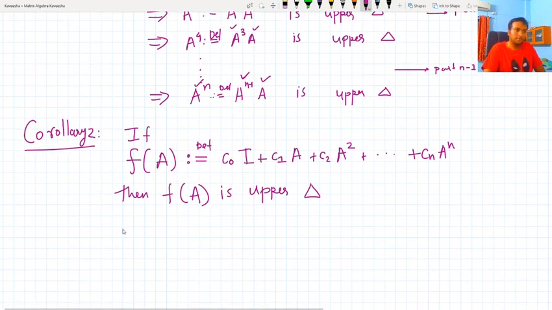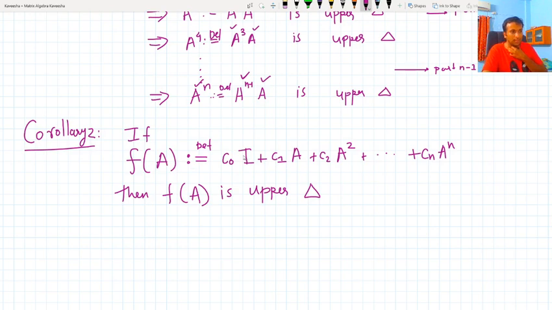Here I construct some function of a matrix. It makes less sense to put a matrix in the domain of a function, but let us still do it anyway. Let us say this function is defined as some constants times the identity matrix, and it is defined only on square matrices.